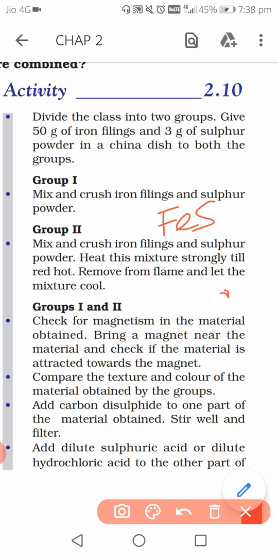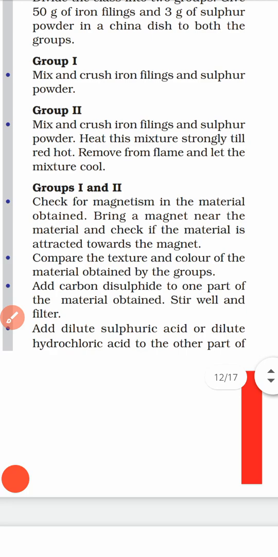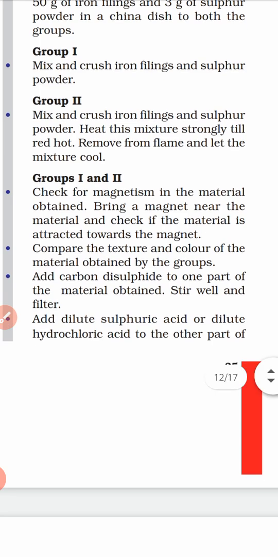Now let us see the next one, group 1 and 2. Check the magnetism in the material obtained. Bring a magnet near the material and check if the material is attracted towards the magnet. So for group 1 and group 2, a magnet is brought near.